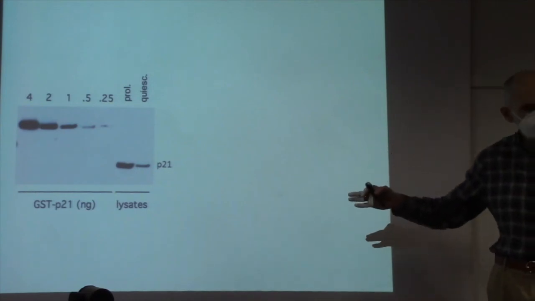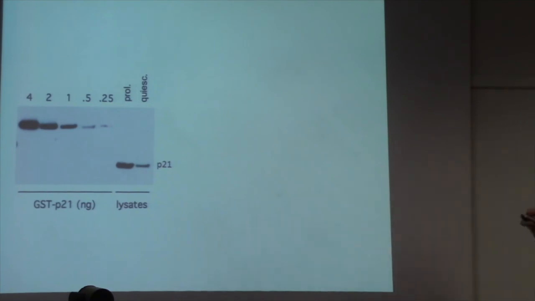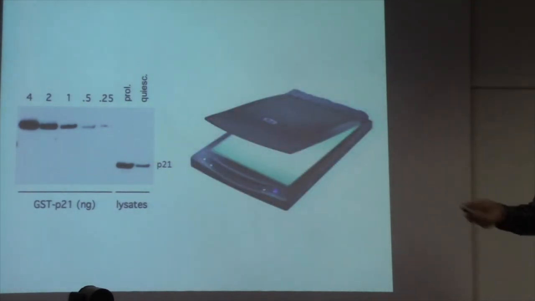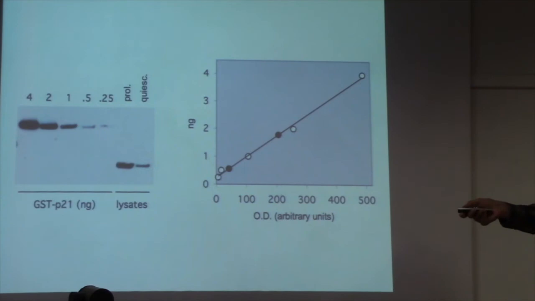Now the task is very easy because all you have to do is to measure the volume, area times density of these known bands by densitometry and put them on a graph.